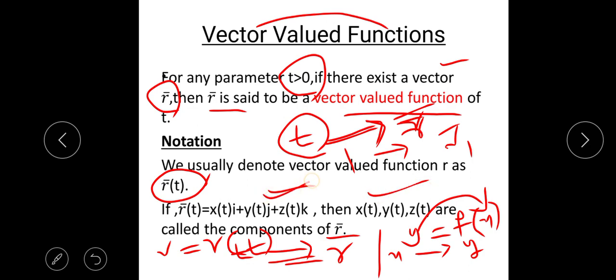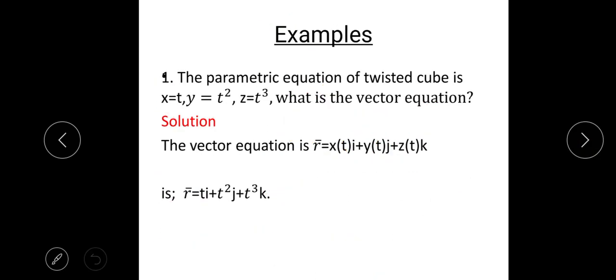This is in 3-space. So you can take the position vector r(t) in terms of its components. Always remember, vector valued functions are denoted by the symbol r is equal to r of t.